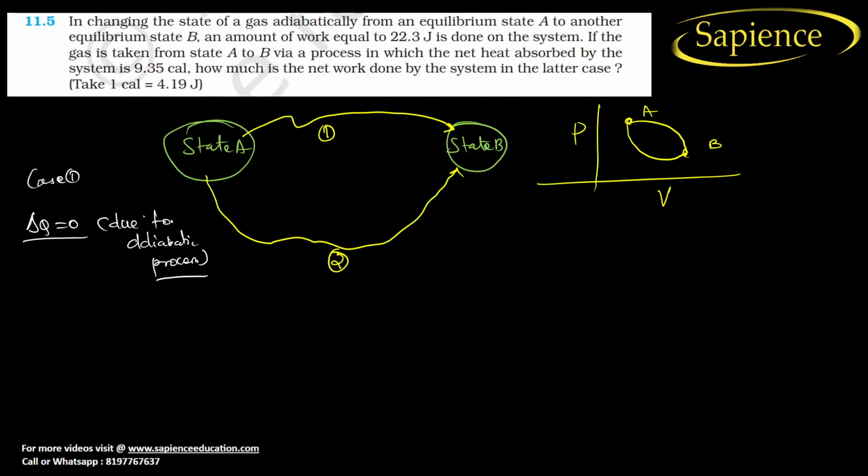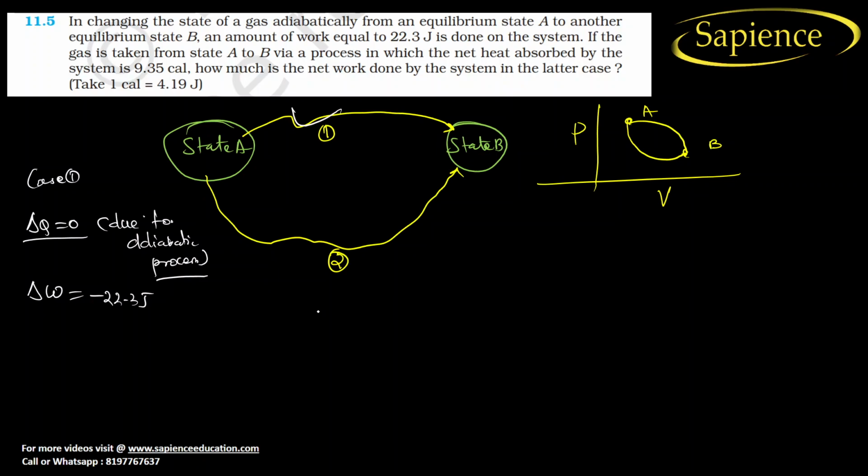Since it is an adiabatic process, delta Q is equal to 0. And they have also given that delta W, work done, is equal to minus 22.3 joule. Why? Because it is work done on the system. So this is case 1.